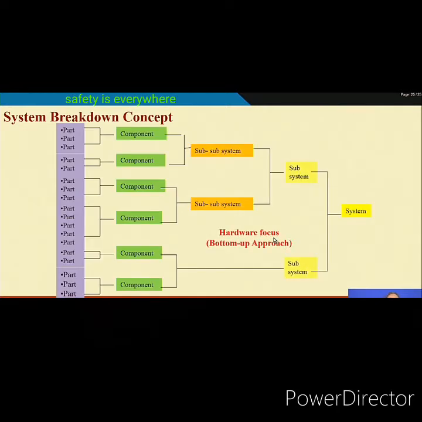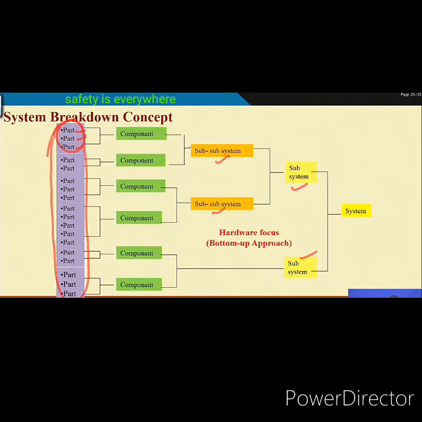So, this is our hardware approach, that is the bottom up approach. You see, a system can have subsystems, then subsystems, then in these subsystems different components and finally parts. We are interested in failure modes here. You consider part 1, part 2, part 3, every part, and find out how this part will fail, how this part will fail, how this part will fail.